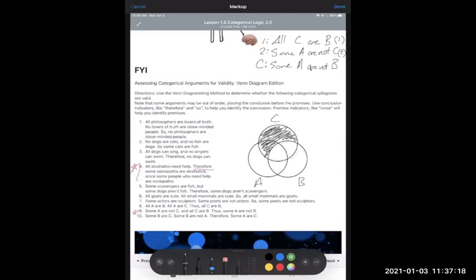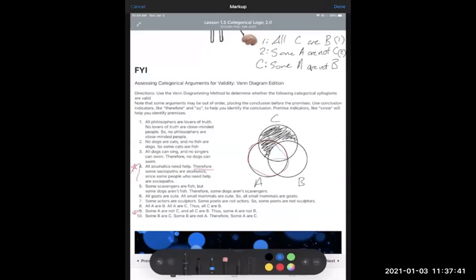Okay, now we need to go for some A are not C. Interesting. So we know that we need to focus in here. It's an A for sure, and it's not C. That means that this region right here, maybe I should do that in blue, why not? This region right here, which is C, it's not in there.